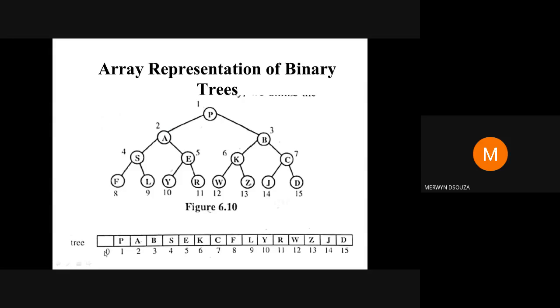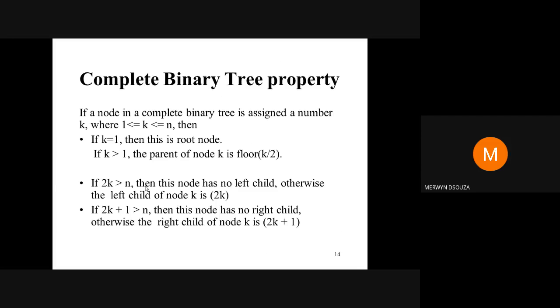So if your question is why we can't start from 0, you could have started, but remember the formula that I taught you last time. This formula will not work if you start from 0, because we are assuming that k equal to 1 is the root node, and then the left child of the root node is at 2k and the right child of the root node is at 2k plus 1.